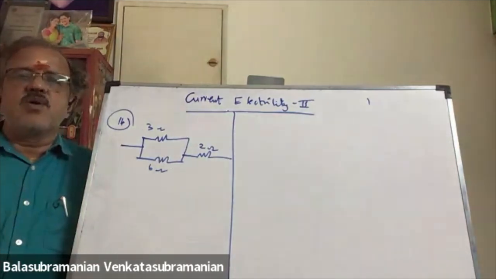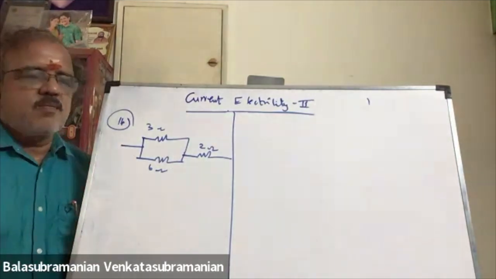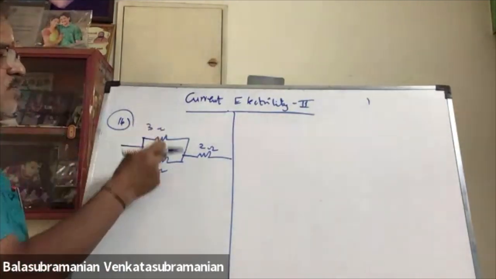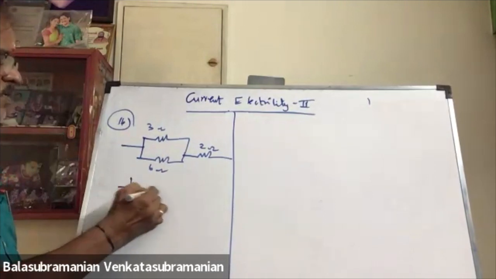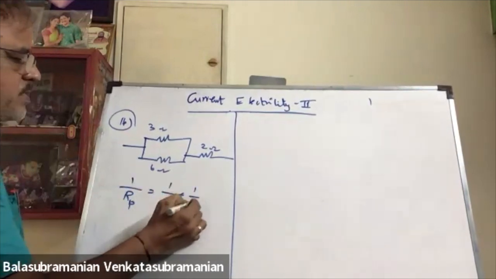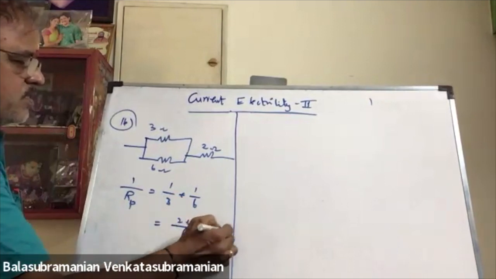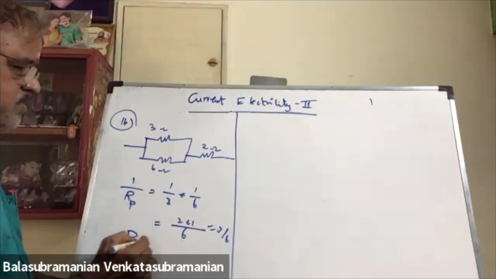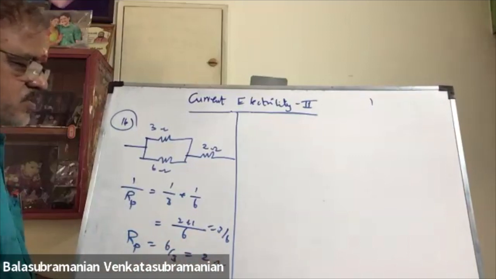This combination you know, so based on that we have to try. So 3 ohms and 6 ohms connected in parallel: 1 by Rp is equal to 1 by 3 plus 1 by 6, LCM 6, 2 plus 1, 3 by 6. So Rp is equal to 6 by 3, that is 2 ohms.